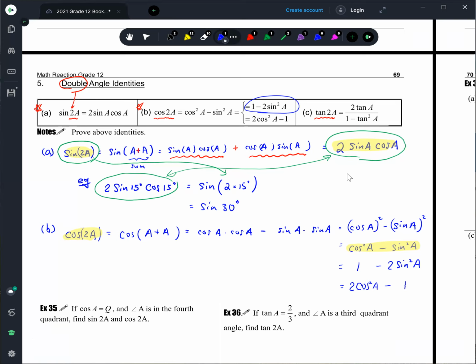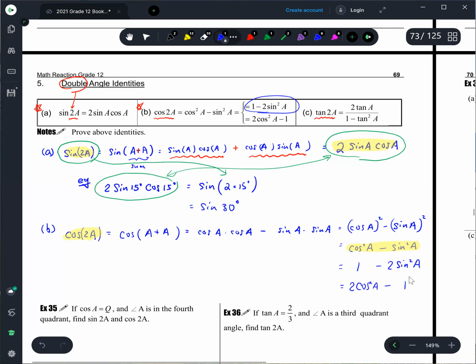So what I would like you to do is write the notes down first, and I'll explain how you can remember it so you don't mix up the order. Can you raise your hand if you copied down everything up to here?